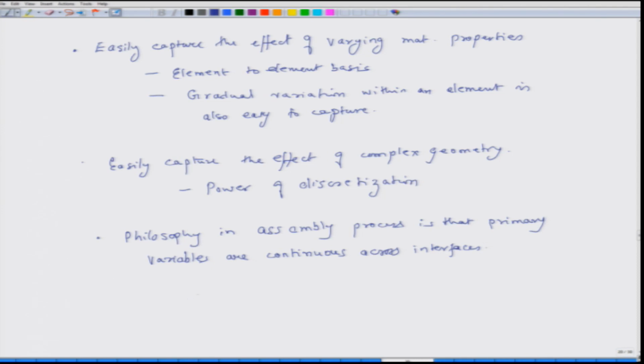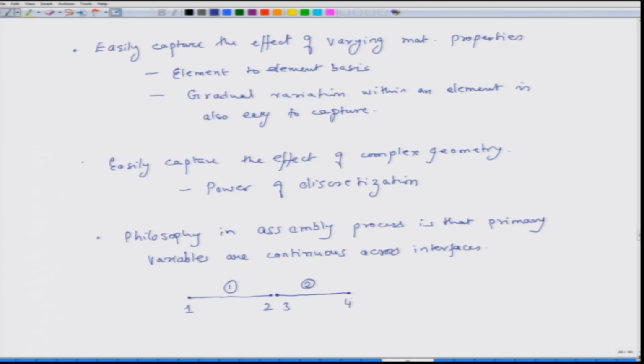What it means is, suppose I have 2 elements, this is element number 1 and there is another element, and I have put a small gap here, but in reality this gap will not exist. Just to designate this element separately, I have put a small gap here. So, let us say this is node 1, this is node 2, this is node 3, and this is node 4.